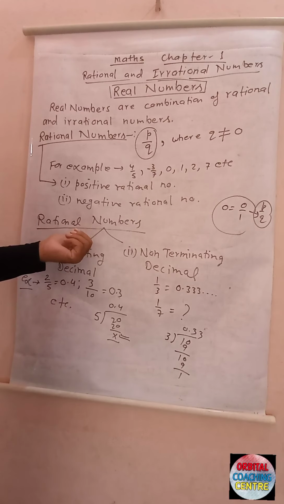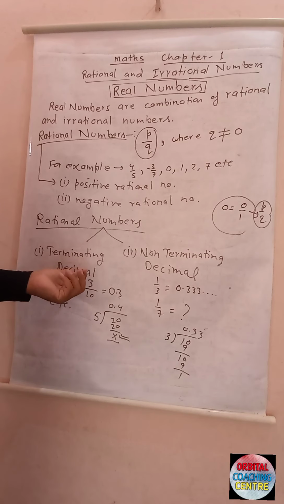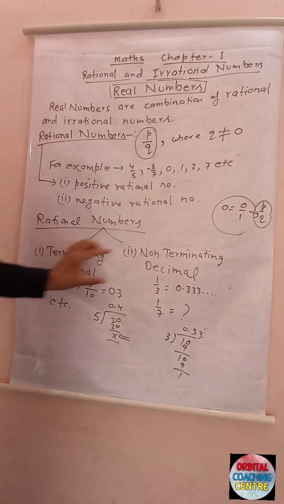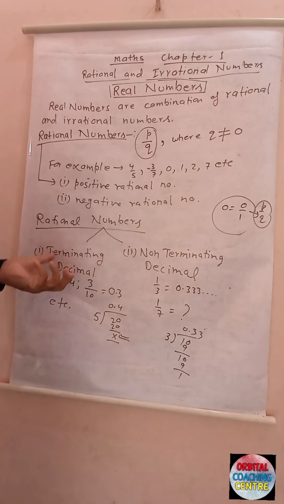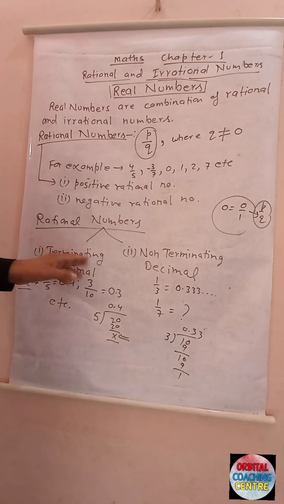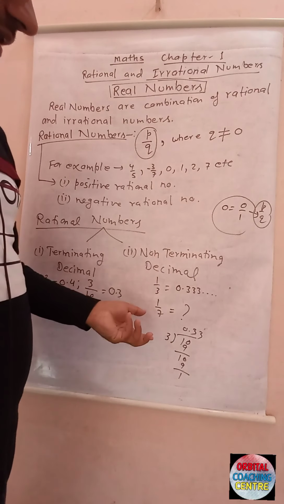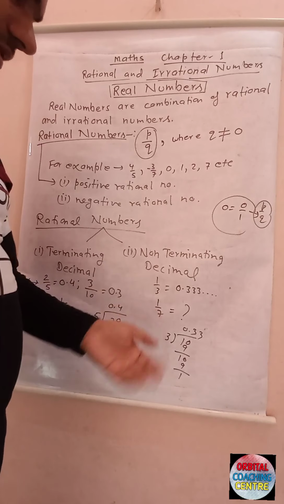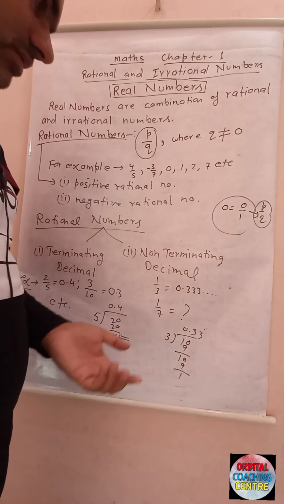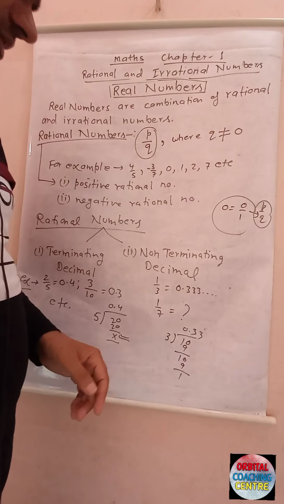And rational numbers are also divided into two sections according to the expansion of decimal, terminating decimal and non-terminating decimal. What is a terminating decimal? If you divide the numerator by the denominator and there is no remainder, then that is called a terminating decimal. And if a remainder keeps coming in the expansion of the decimal, then that is a non-terminating decimal.